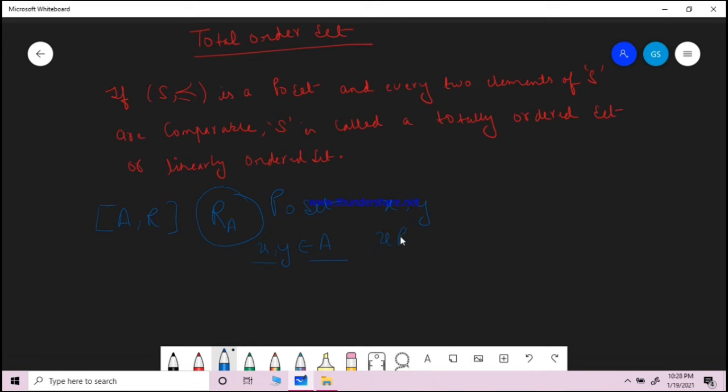So x is either related to y or y is related to x. This is applicable on each and every pair. And so R is called a total order set, or this is also called a linearly ordered set.